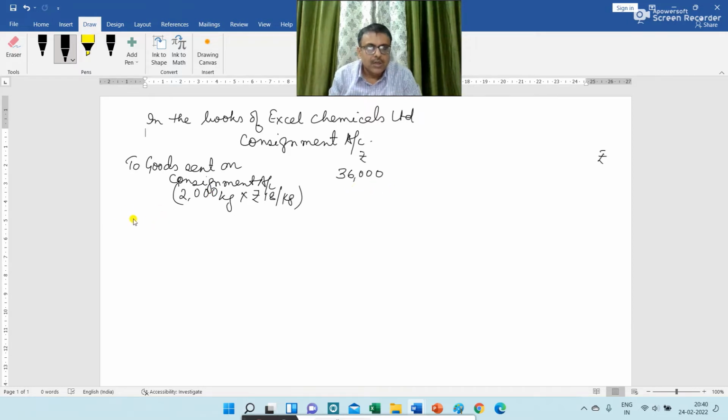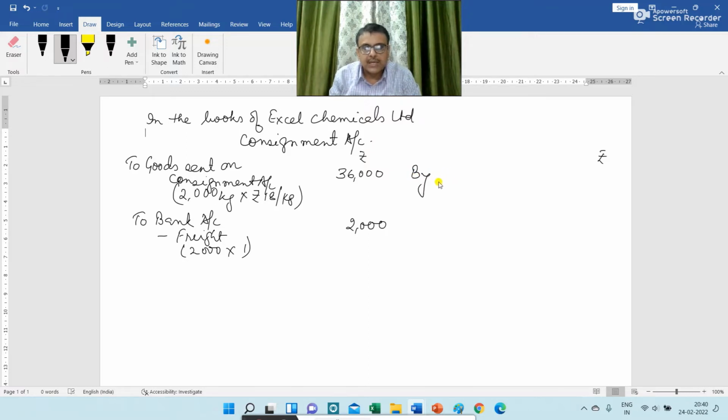Now the consignor paid freight. The consignor paid freight at rupee 1 per kg. So 2000 into rupee 1 is 2000 rupees. Next, the goods were received by the consignee and the consignee reported that they sold.